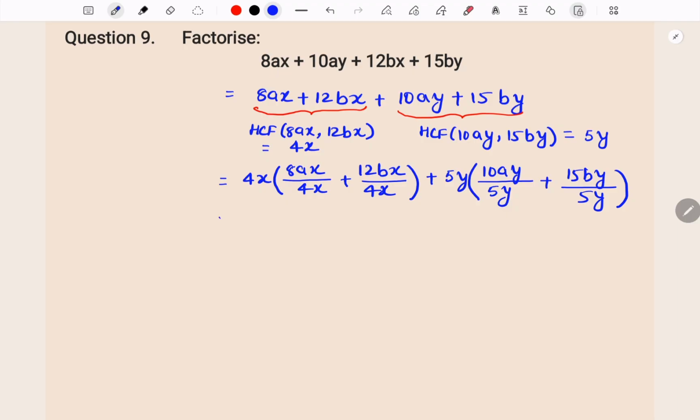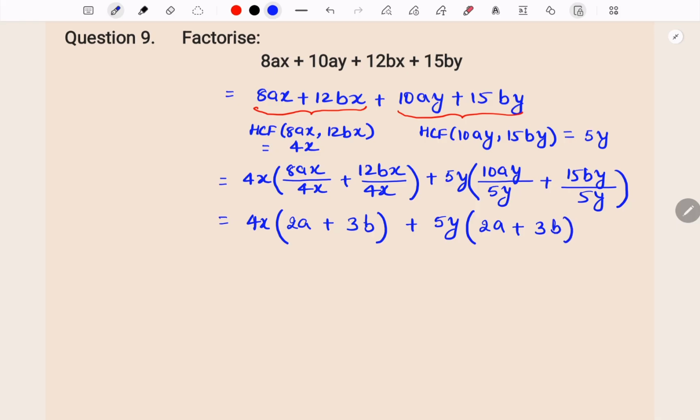Now let's solve inside the bracket. 8ax over 4x is simply 2a, and here I will have 12 over 4 is 3, and here I will have b. Similarly, here I have 5y, and this would be 2a, and here I will have 15 over 5 is 3, and 3b.